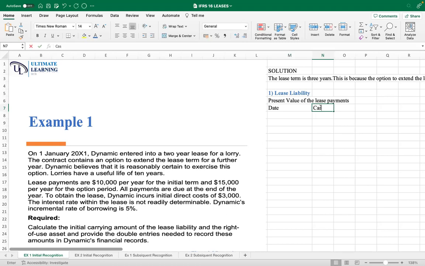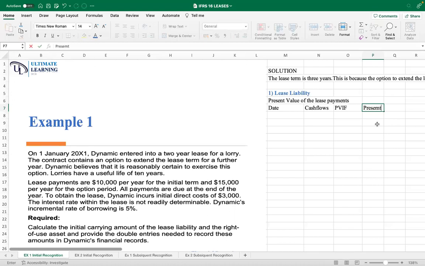You will show the PVIF, the present value interest factor, let me just call it the discounting factor. In other words, the discounting rate. And then you will show the present value. So those are what you'll need to show.